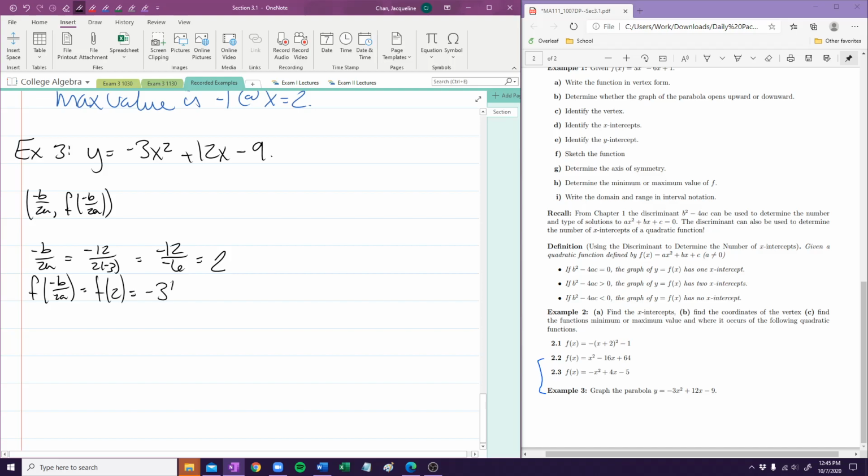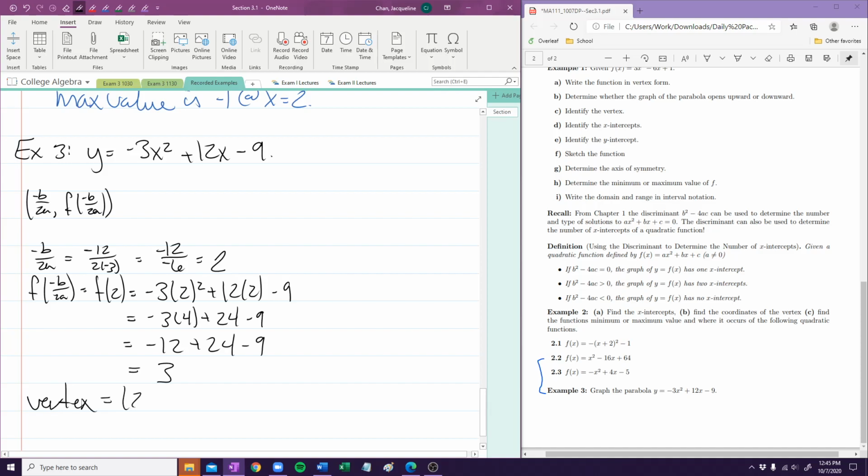So this is negative 3 times 2 squared plus 12 times 2 minus 9. So this is negative 3 times 4 plus 24 minus 9, which is negative 12 plus 24 minus 9. 24 minus 12 is 12, and 12 minus 9 is 3. So my vertex is 2, 3.